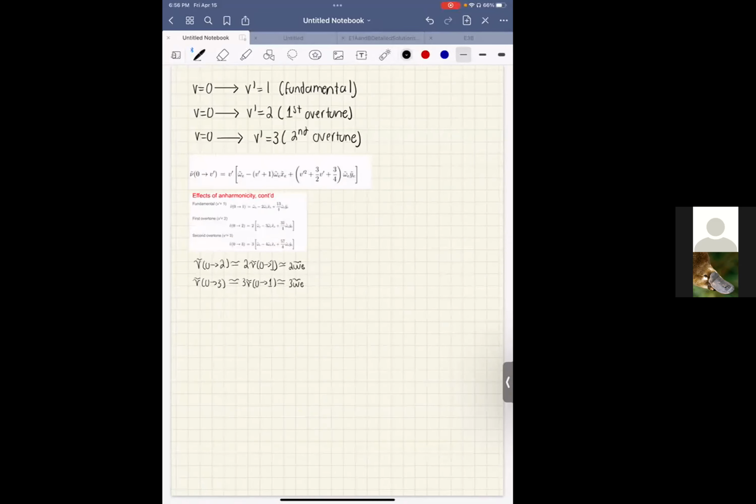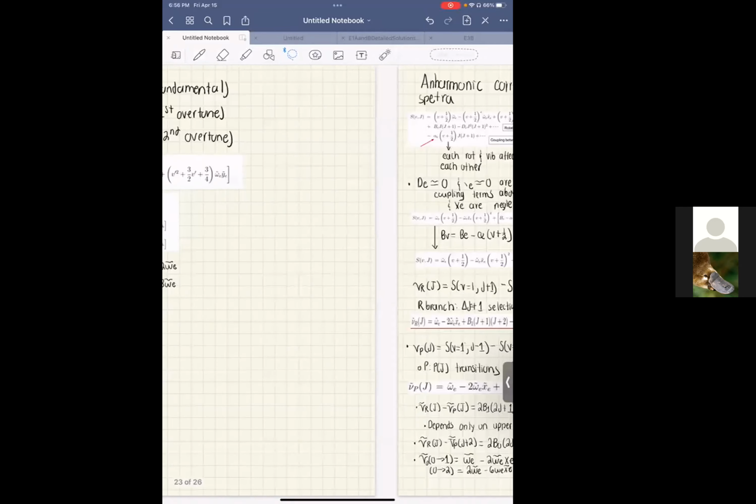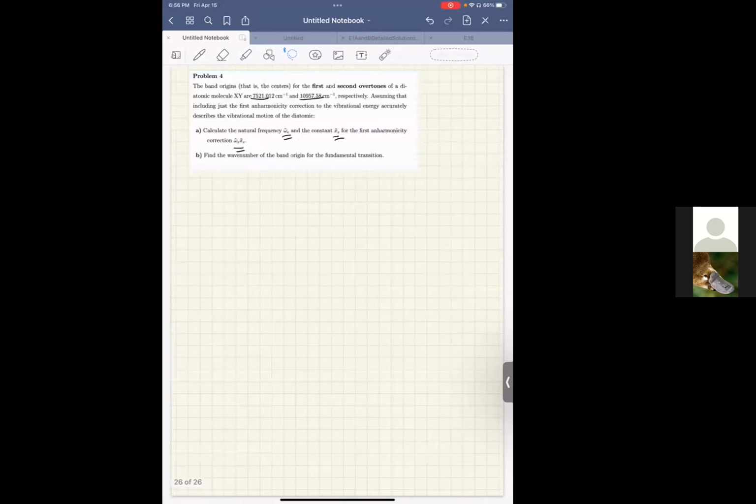We can use the following equations. Since it's asking for the first harmonic correction, we don't have to worry about these here, and so we're going to have these two terms.